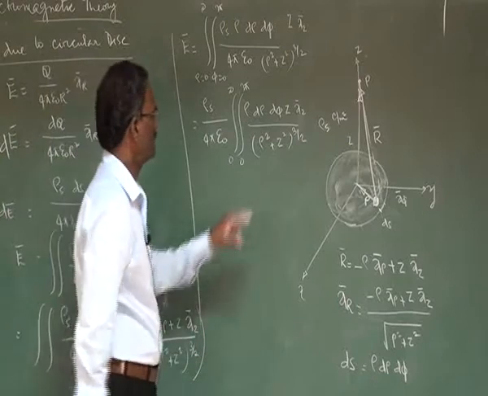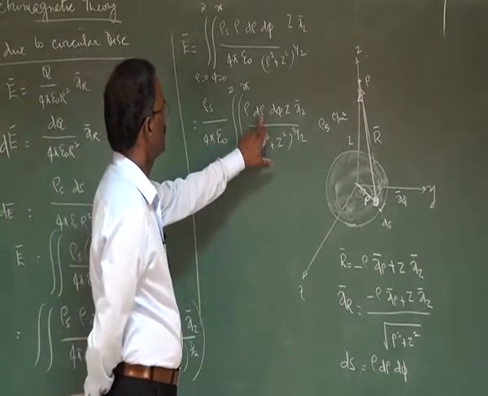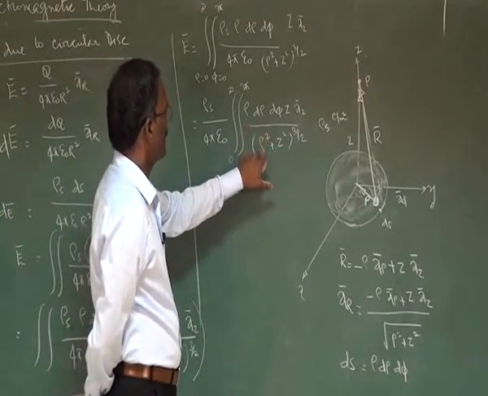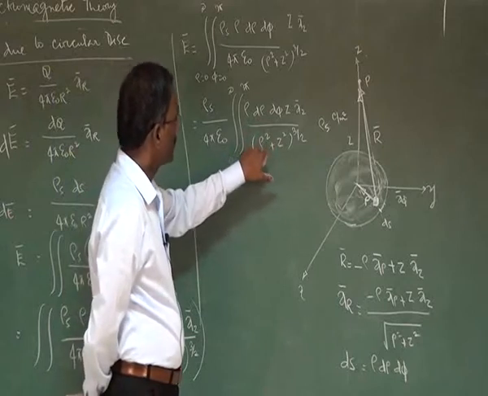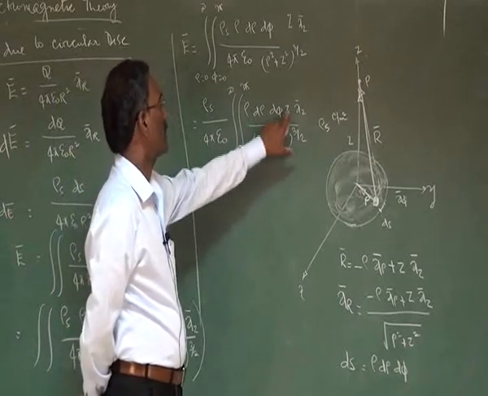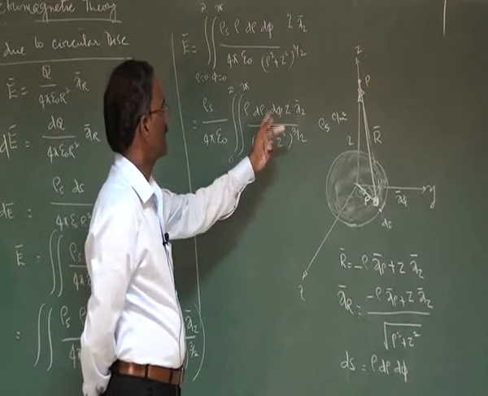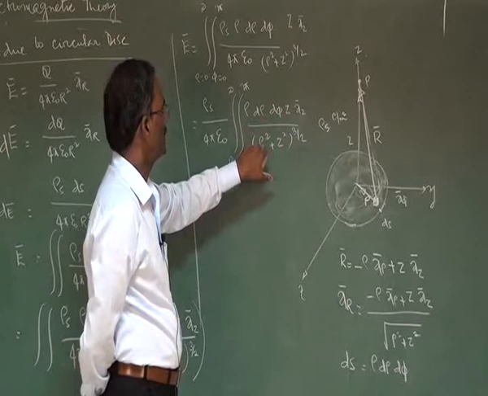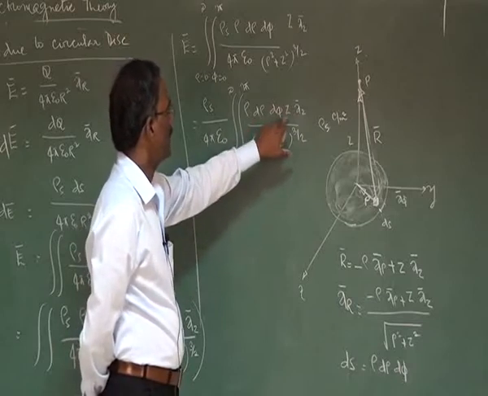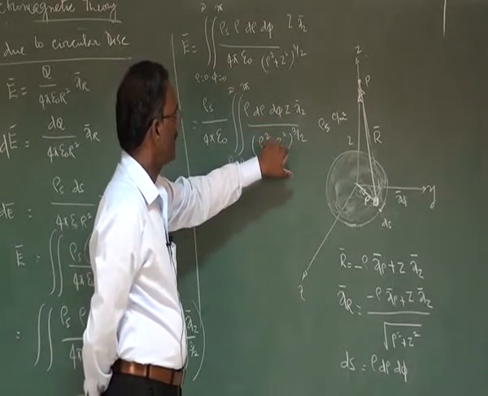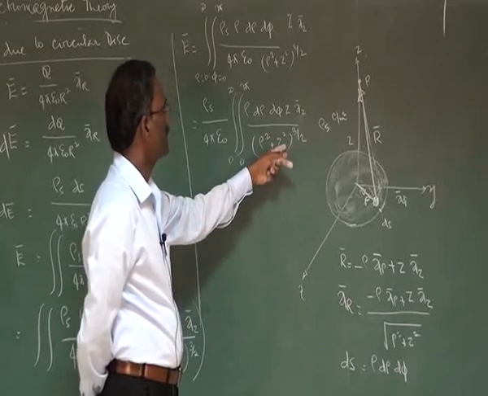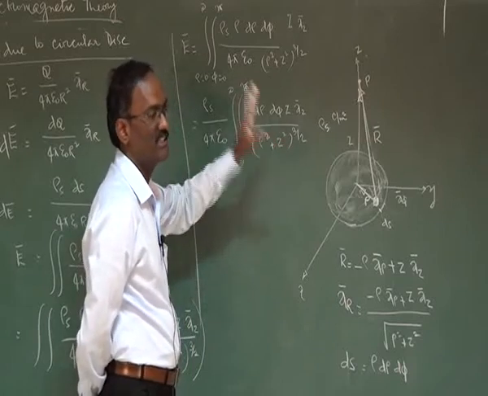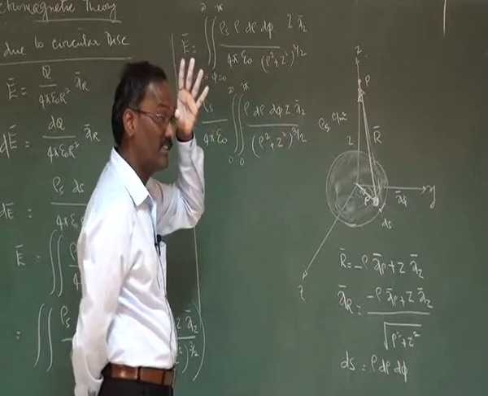The problem here is the variable rho comes along with a constant in the denominator. So it is a bit difficult for us to evaluate directly.